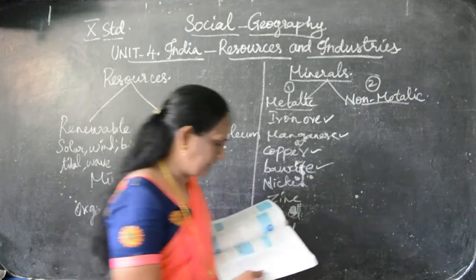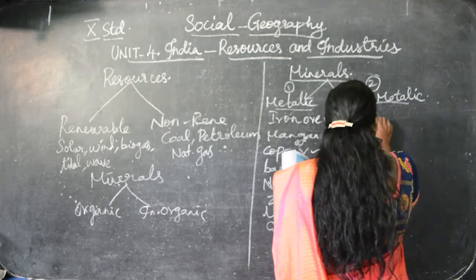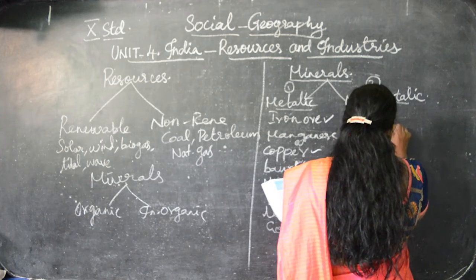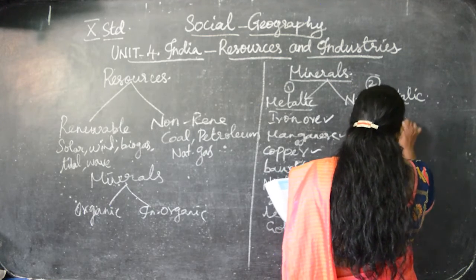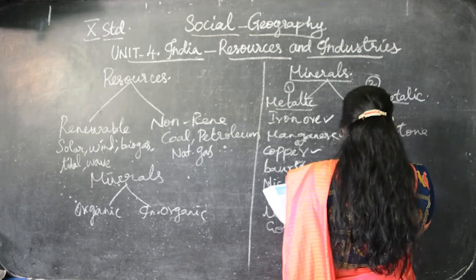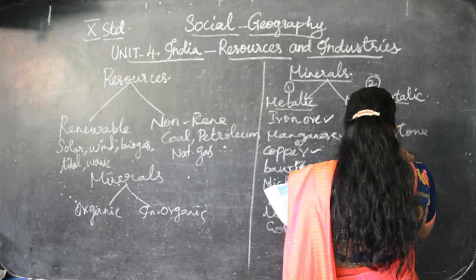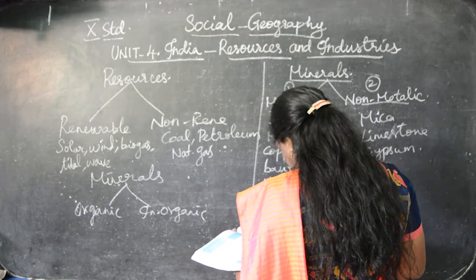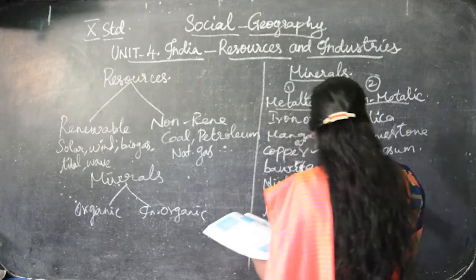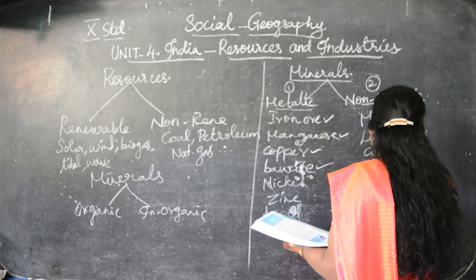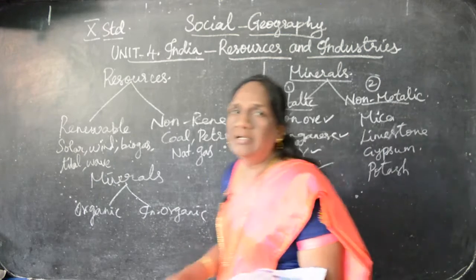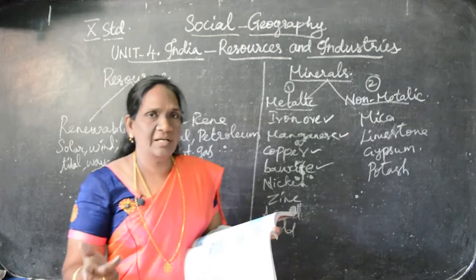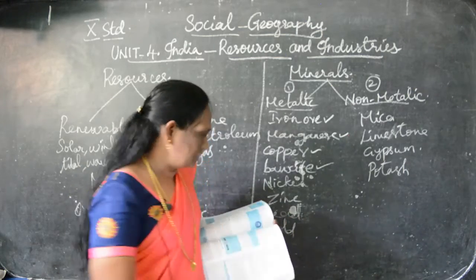The important ones are mica, limestone, gypsum, then nitrate, potash, dolomite, all these are called non-metallic minerals. It won't contain metal in it, so they are called non-metallic minerals. One by one we'll see. First one is mica.